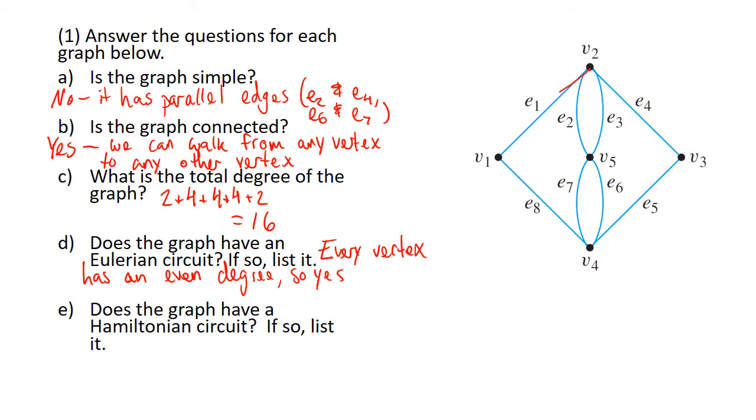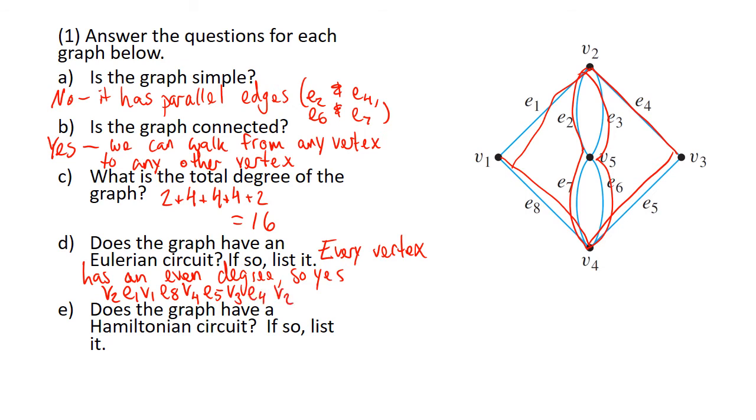All right, and now let's try to find one. So maybe I can just go around the outside first. And then if I go back down here and then I come back up, then I think I'm starting and stopping at the same point, which is something that you have to do. So let me write that down. So I'm going to start at V2 and go along E1 to V1, and then along E8 to V4, and then along E5 to V3, and then along E4 back to V2.